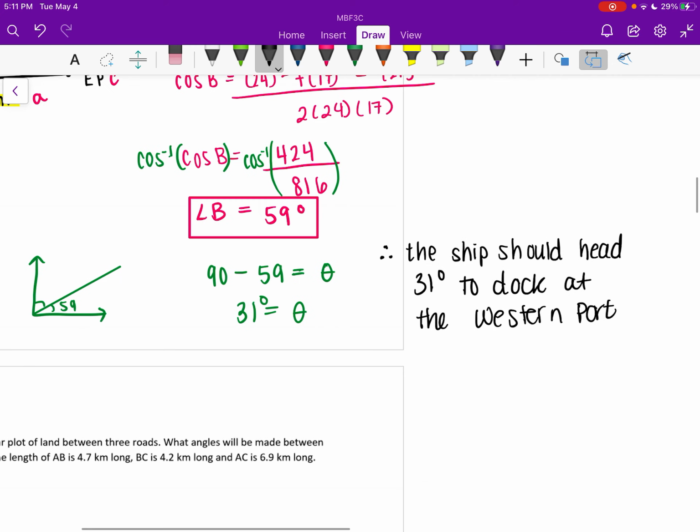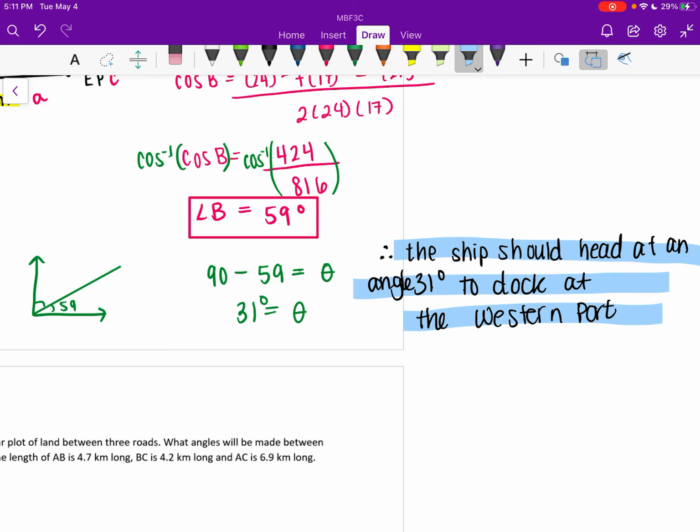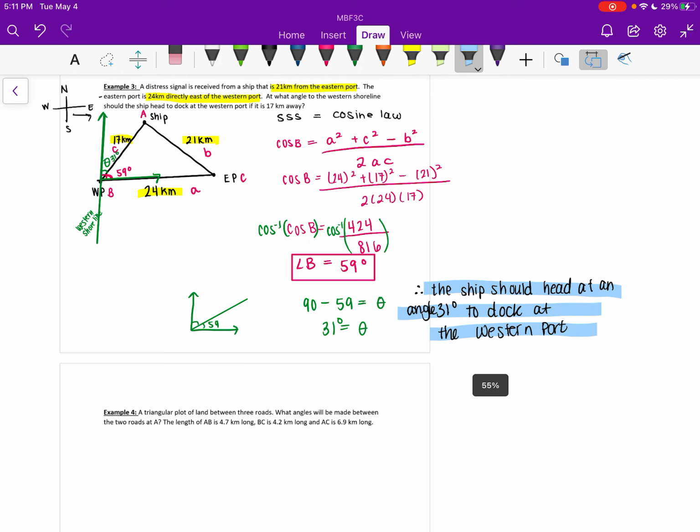Or the ship should head at an angle of 31 degrees, for better English. I'm just going to highlight this, because I like to keep all mine highlighted, and then we're going to move on.